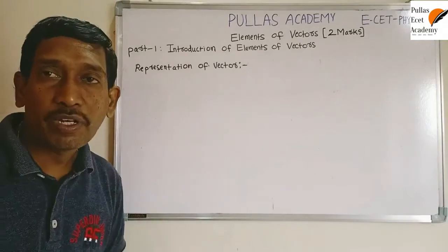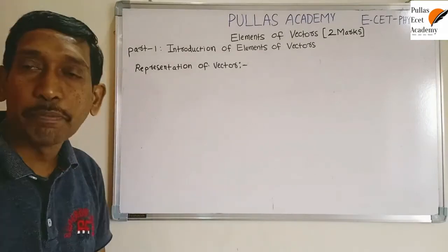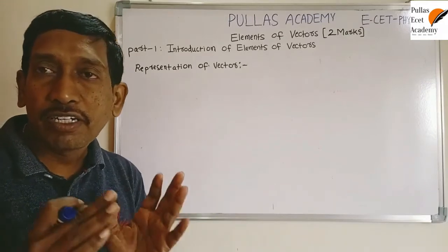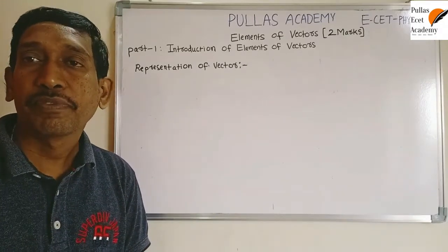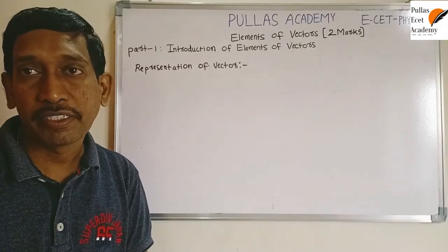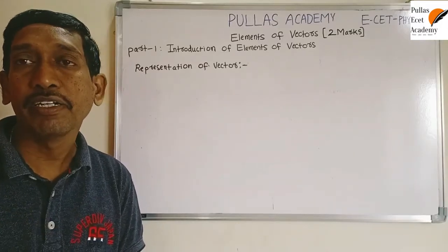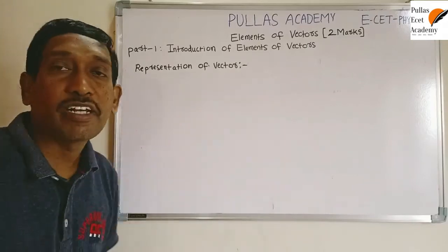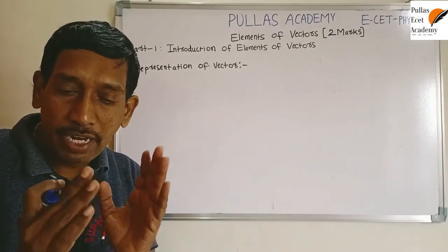So how to represent a vector is important. Actually, a vector can be represented by a directed line segment with an arrowhead. That is the representation of a vector.